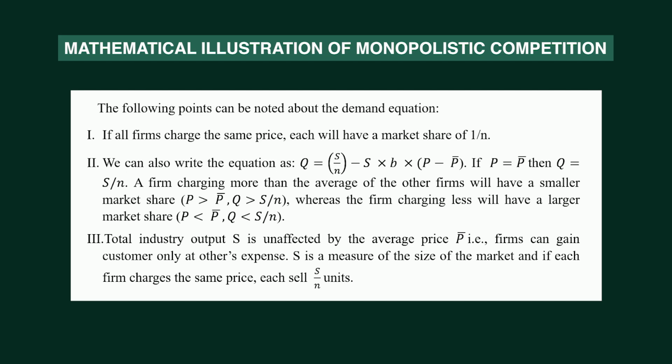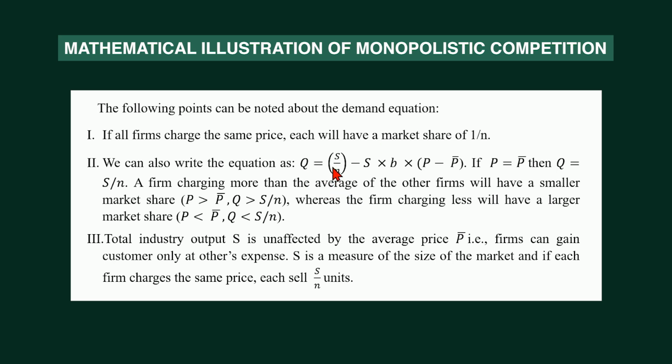Symmetric means if I calculate the price charged by firm J, then that price is going to be charged by all the firms in the market. And eventually, if the prices are the same, then all the firms are going to sell identical units of output. So Q would be the same, and if I divide S by N, I will get Q, and then how to calculate the price, that I will explain one by one.